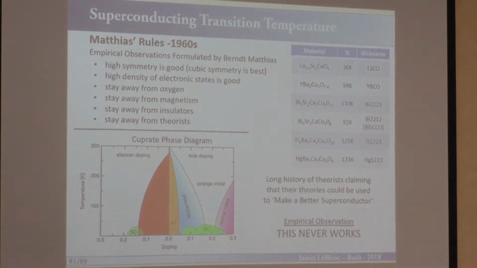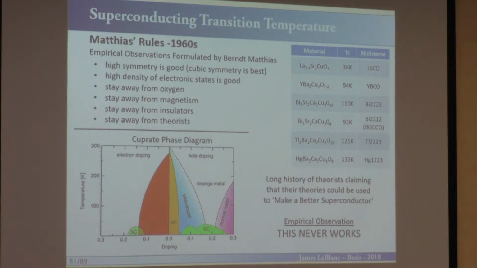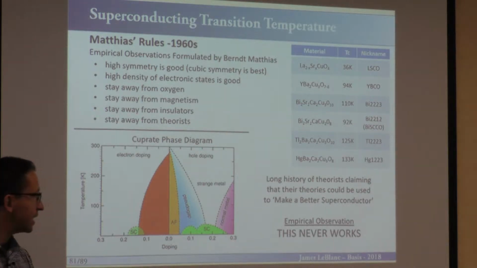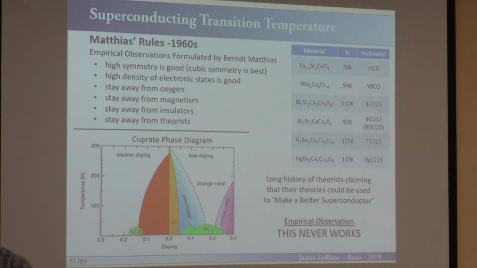Yeah, and there are other actual conventional superconductors that also have low density of states, but happen to have huge attractive interaction potentials. And so overall, these rules are not very good. Okay? Except the theorist rule. Stay away from theorists. So there's actually a long history of theorists claiming that their theories could be used to make a better superconductor. And the empirical observation is that this uniformly never works.